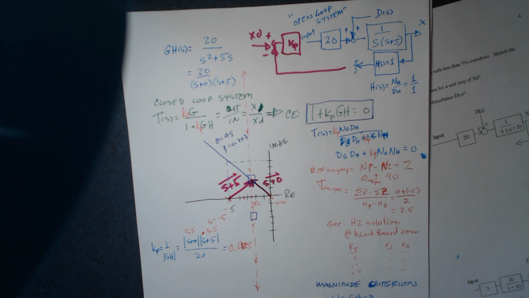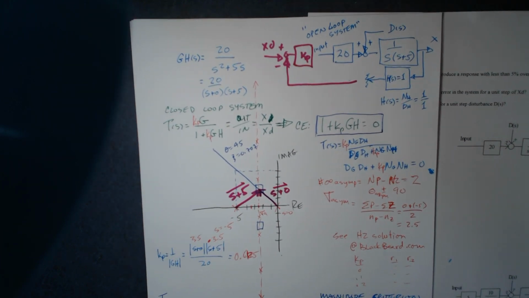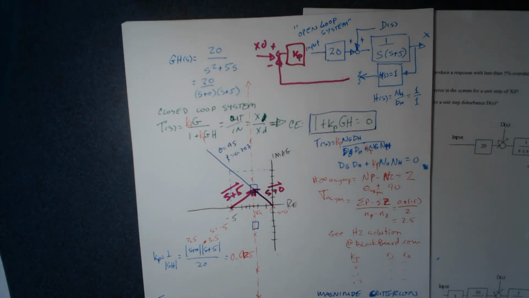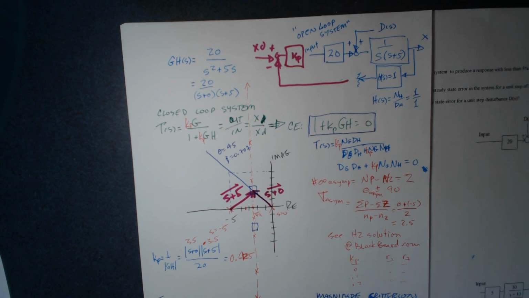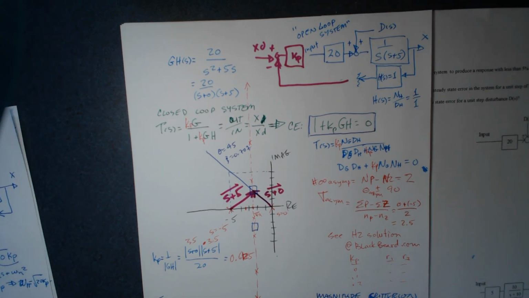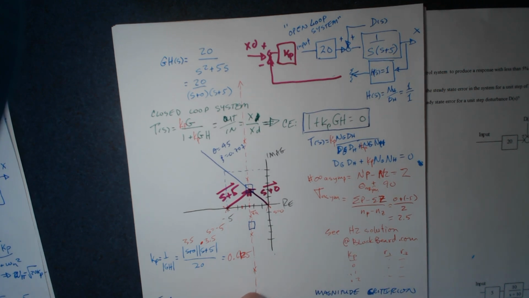Number of poles, number of zeros, I've tried to explain that all out. But now, one of the points is that T sub D is still T sub D. We've already done that one, and we already know what the transfer function is for T sub D. If I do T sub D of s equals 0, I just go back and look.